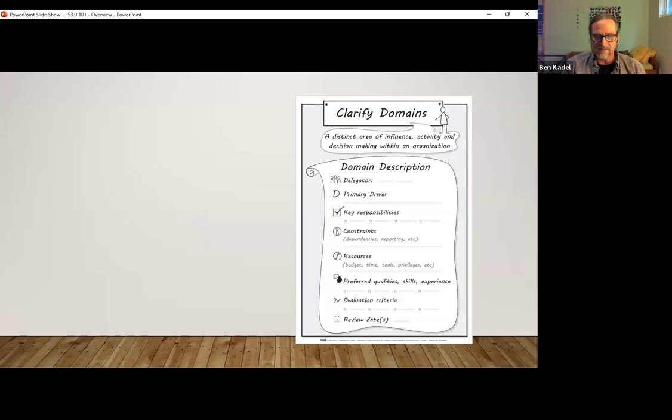In some ways, this is really no different than committees or departments in a traditional structure. The thing that is unique about sociocracy is these are not silos.